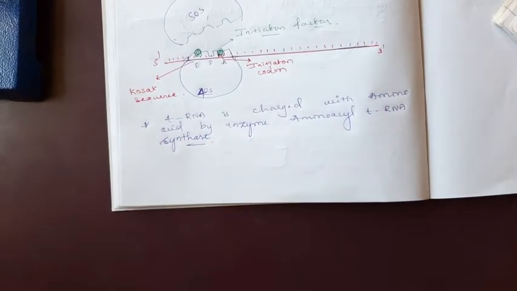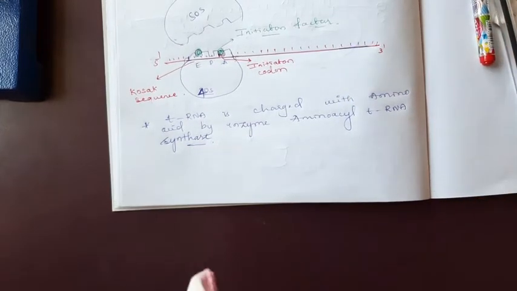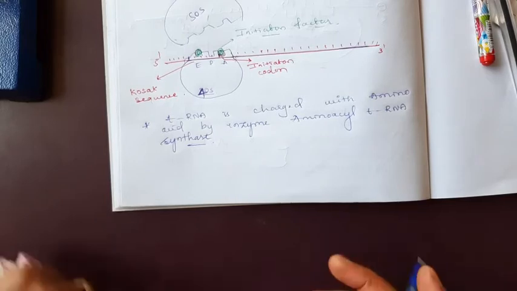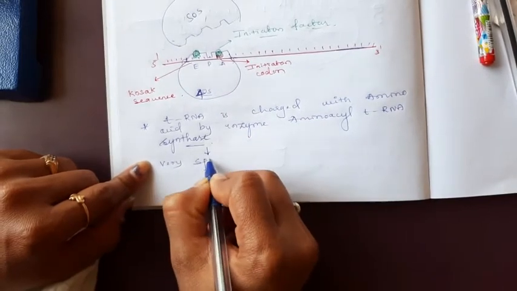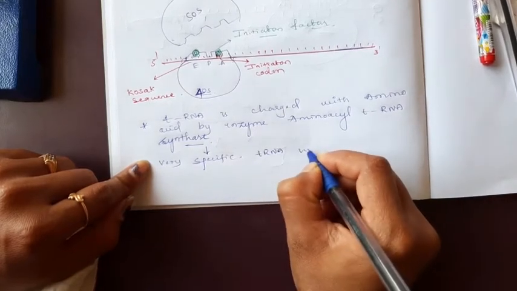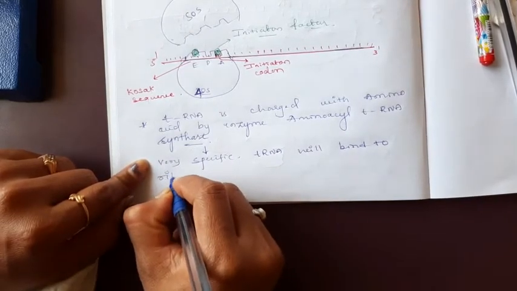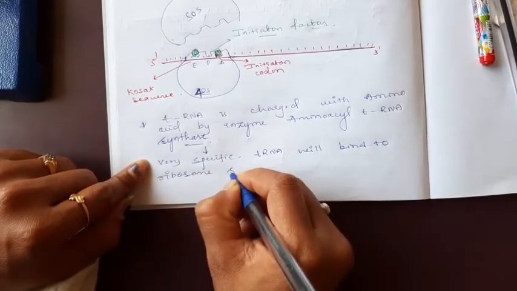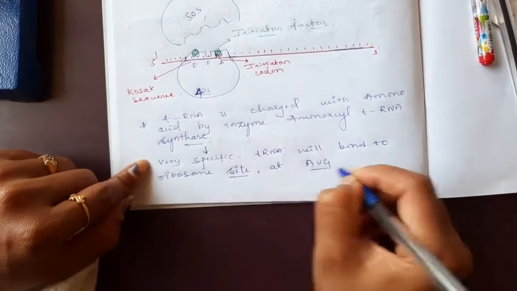This is the enzyme which is necessary for charging the tRNA. When the tRNA is charged by the amino acid, that very specific tRNA will bind to the ribosome site at the AUG codon.